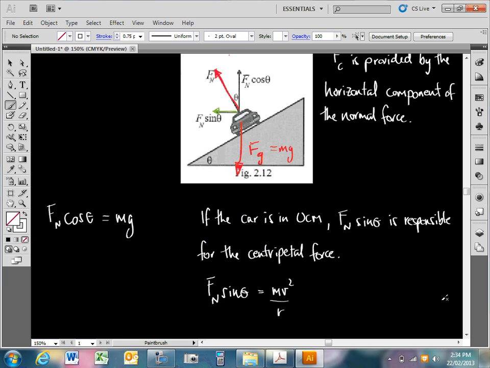If it provides that acceleration, if it's the only thing providing that force towards the center of that circular arc, then I can say that it equals mv squared on r, because that's what Fc equals. Okay?